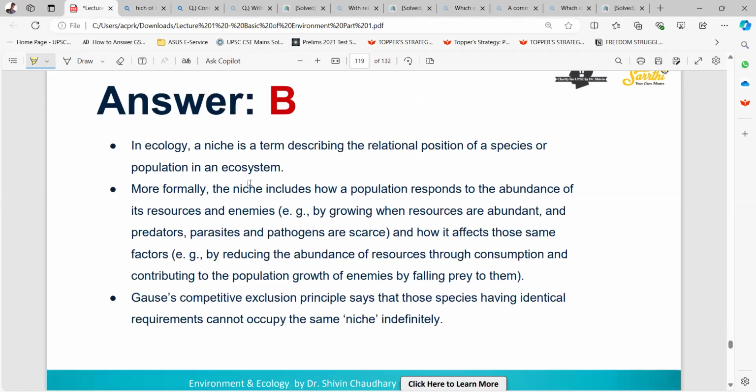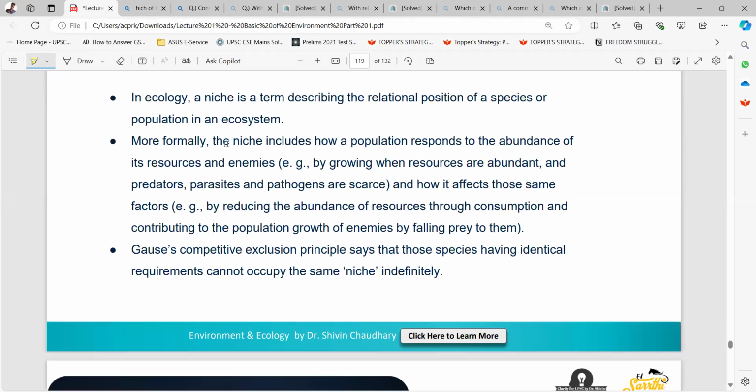Okay. In ecology, a niche is a term describing the relational position of a species or population in an ecosystem. More formally, the niche includes how a population responds to the abundance of its resources and enemies, for example, by growing when resources are abundant and predators, parasites, and pathogens are scarce.